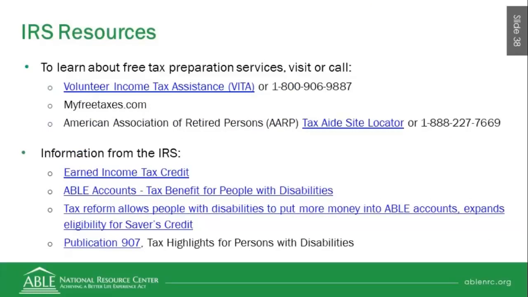There's also information from the IRS around earned income tax credits, ABLE accounts, tax benefits for people with disabilities, tax reform allowing people with disabilities to put more money into ABLE accounts, and expanding the eligibility for the Saver's Credit.